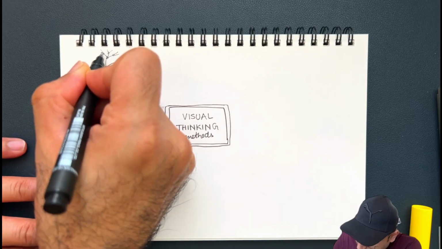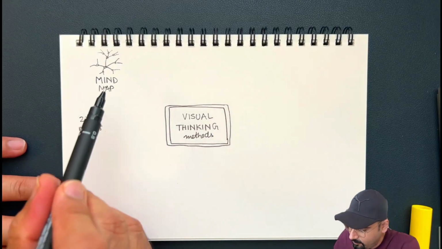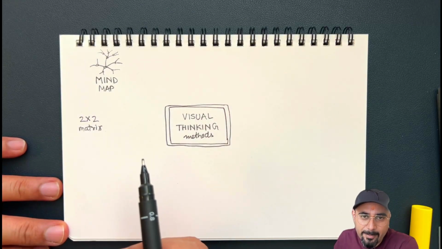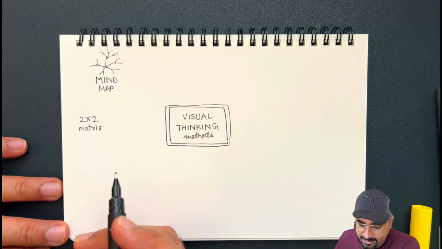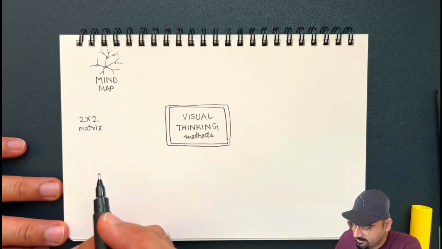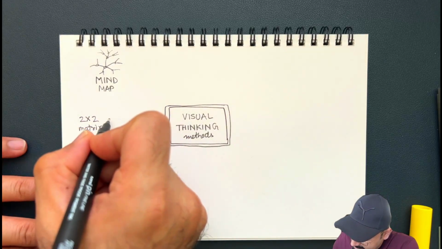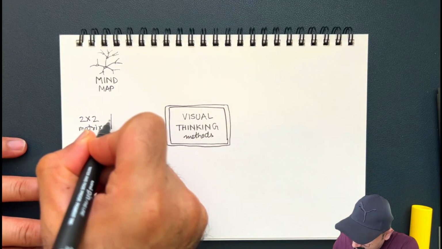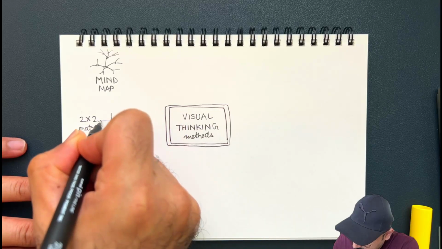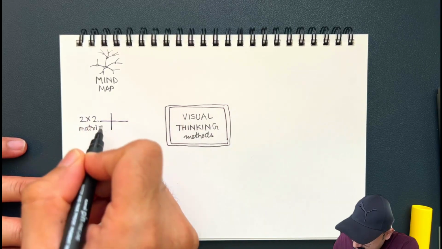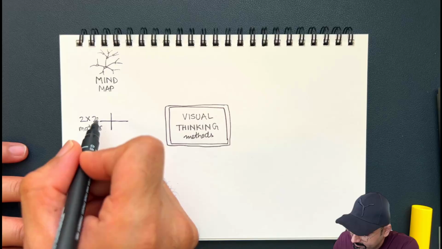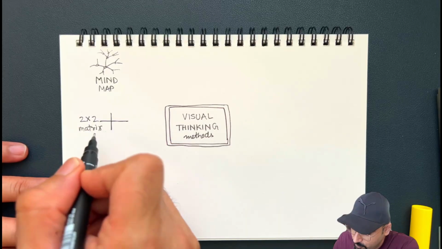And we'll focus on two visual thinking methods today, and take the other ones in other sessions. The 2x2 matrix works in a way that we create a chart, and then create a matrix so that there are 2 rows and 2 columns.